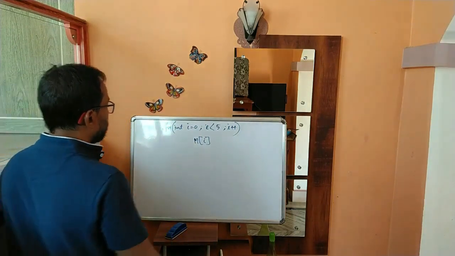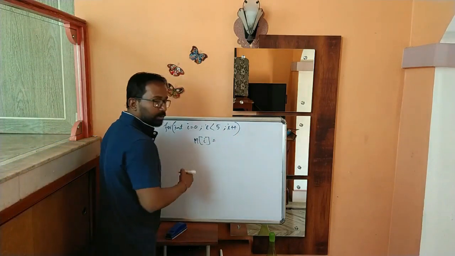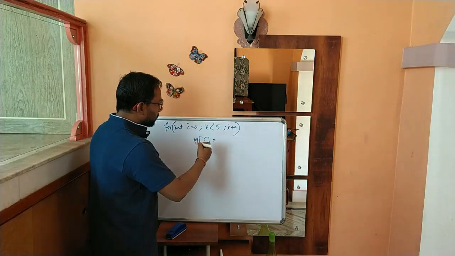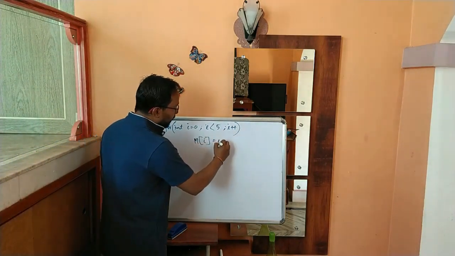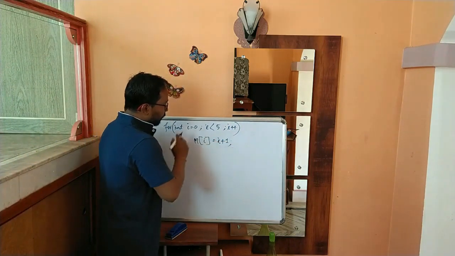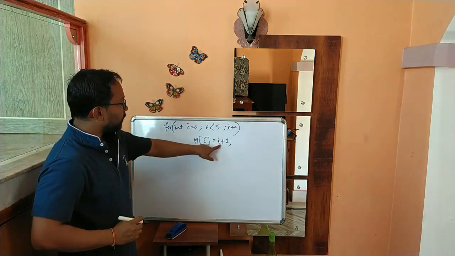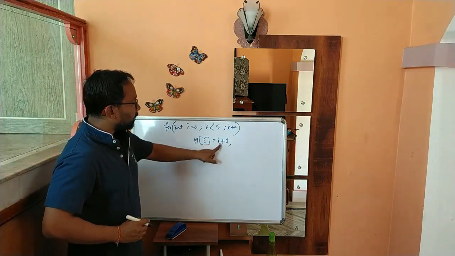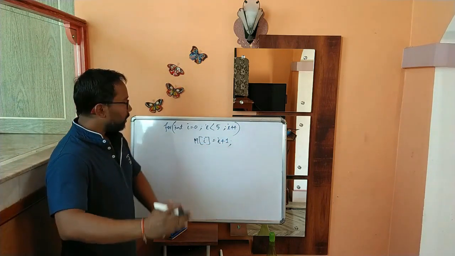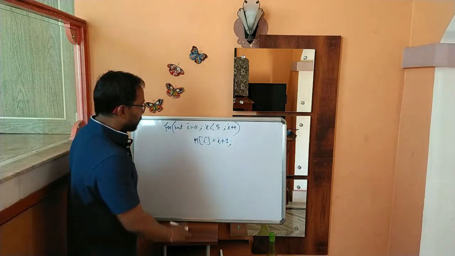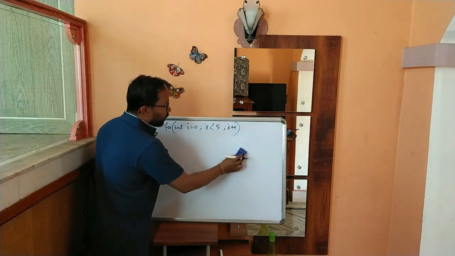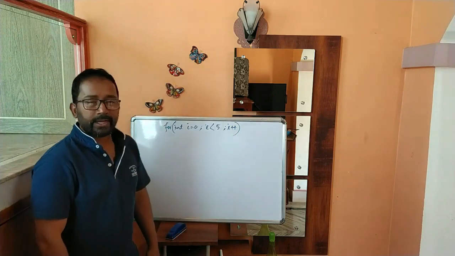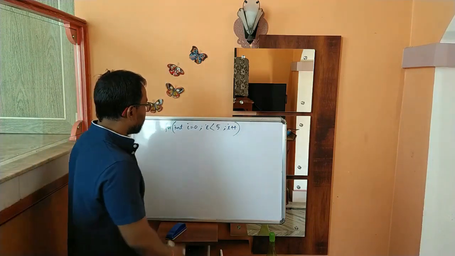And if I write here equal to something, that value is going to be stored in the elements, like i plus 1. So in the first element, at index 0, we are getting 0 plus 1, which means 1. Then in the second element, at index 1, we are getting 1 plus 1, which is 2. So the array will be filled up with all natural numbers from 1 to 5. This way the array gets populated.